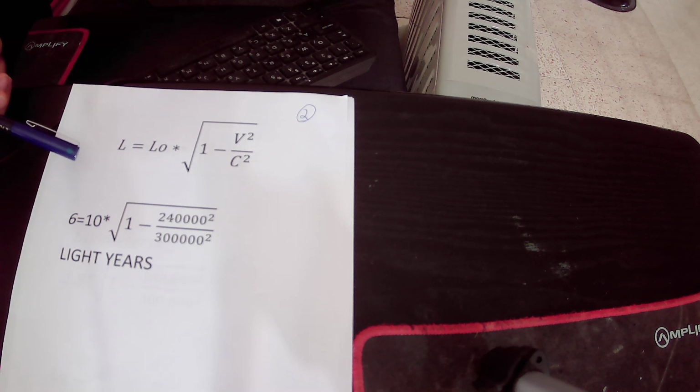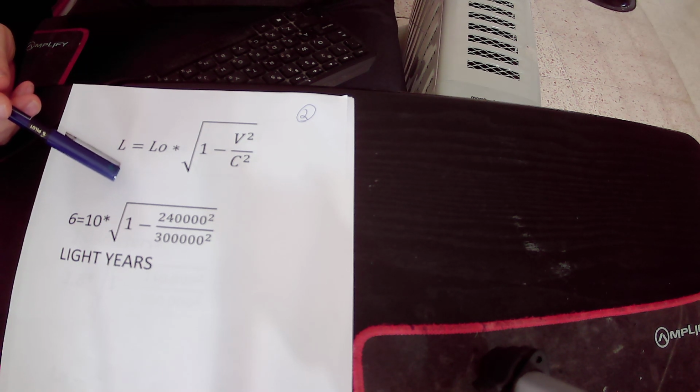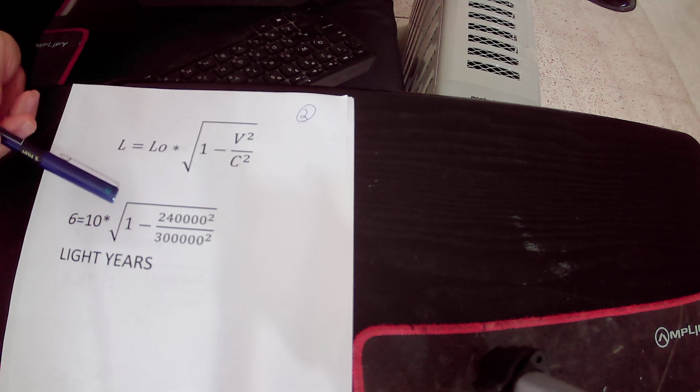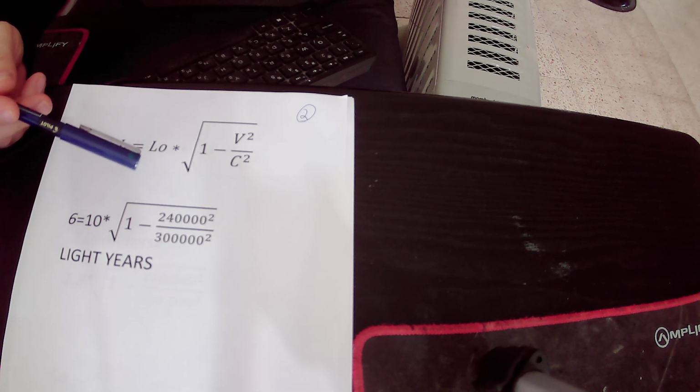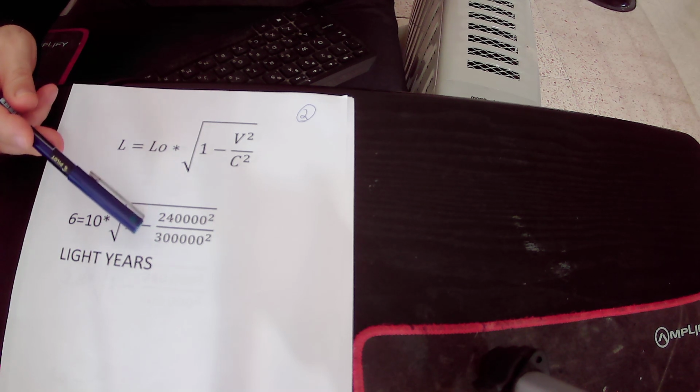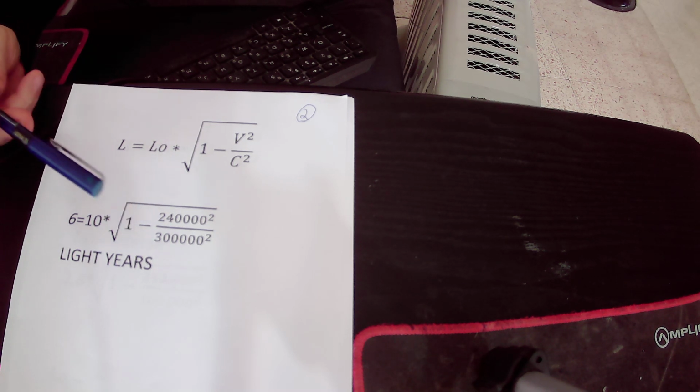So, in our example, the twin brother moves at a speed of 240,000 kilometers per second towards the star Epsilon. So we divide his velocity, the velocity of the twin brother squared, by the speed of light squared.